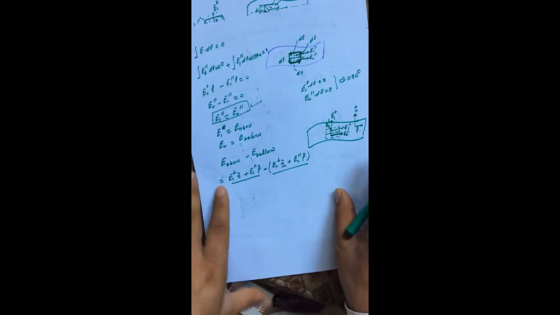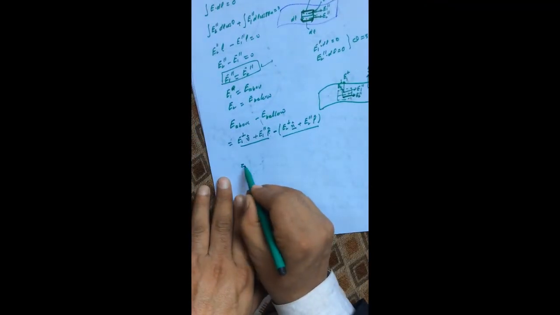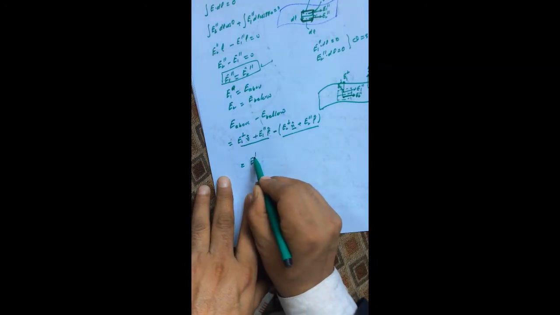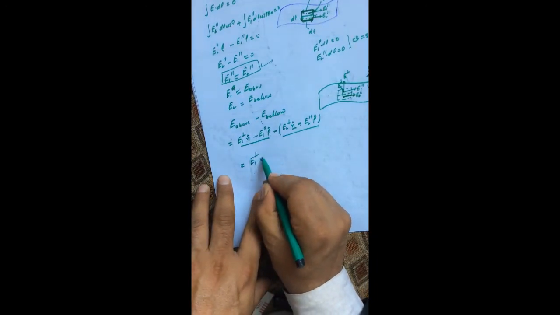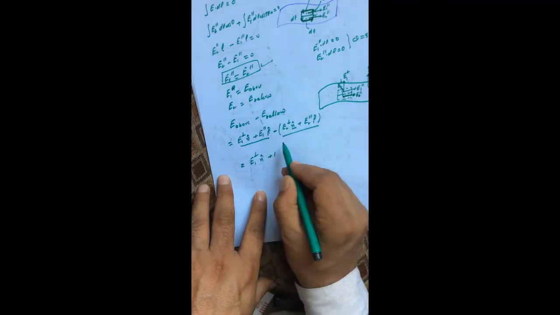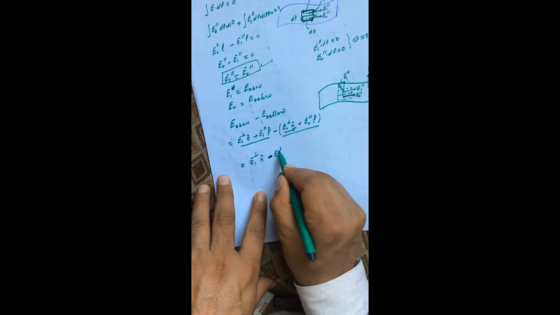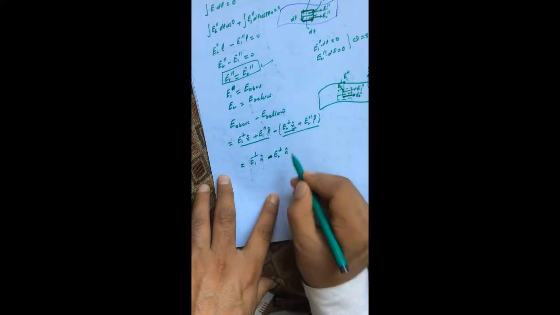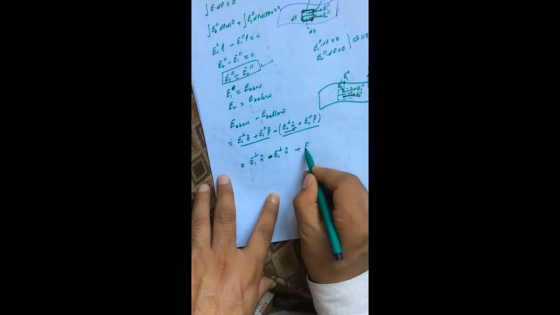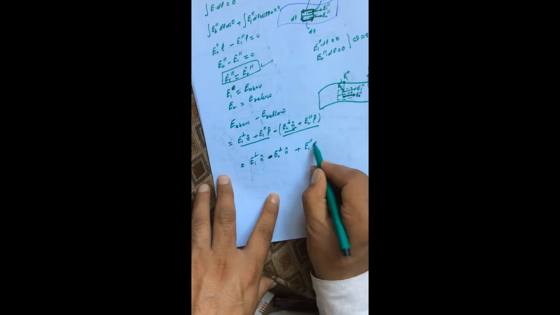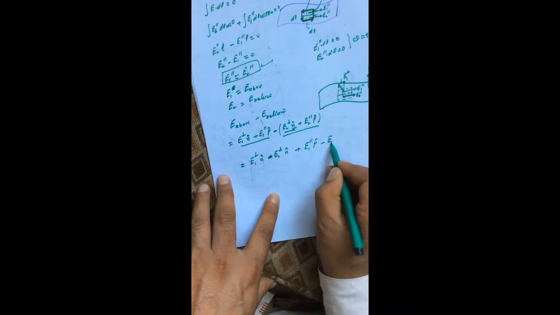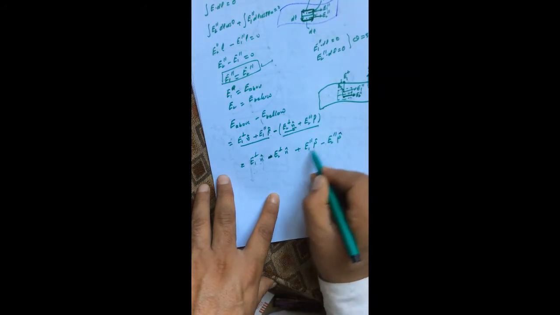So here I can write E1 normal or perpendicular component, minus, I will put this one first, E2 normal or perpendicular component, plus E1 parallel component minus E2 parallel component.